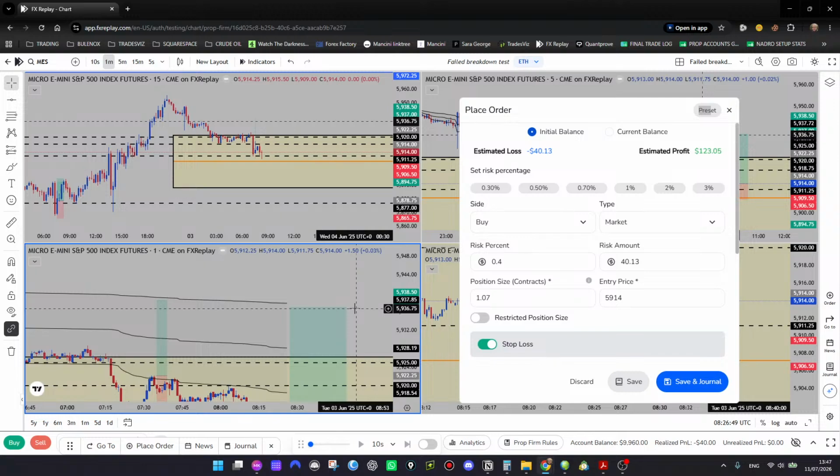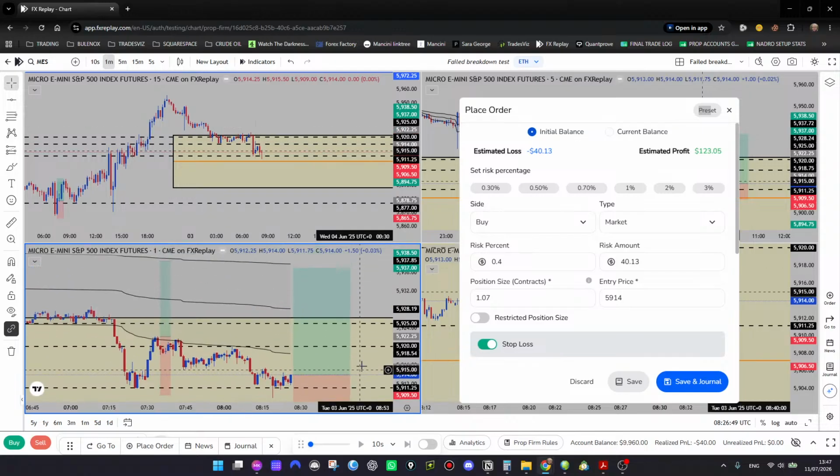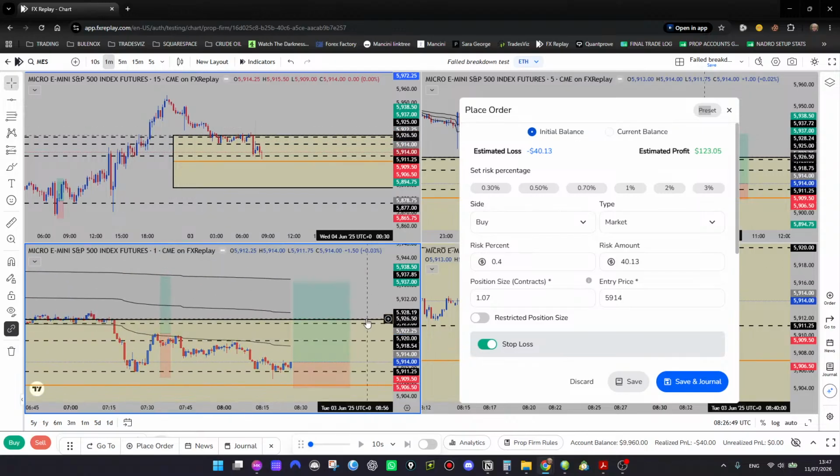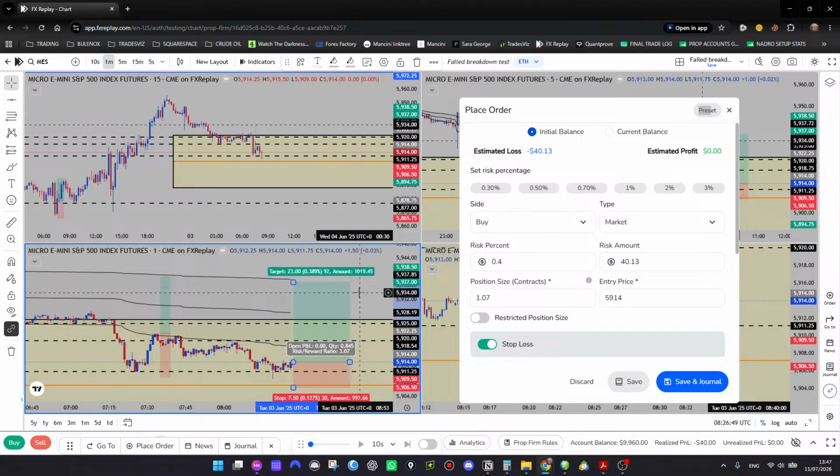If we don't, the relatively easier target would be here, but that would be a lower risk reward. It would be safer. It's 1.5R. I would say let's go with this one, 3R, and then we're gonna add one more contract.